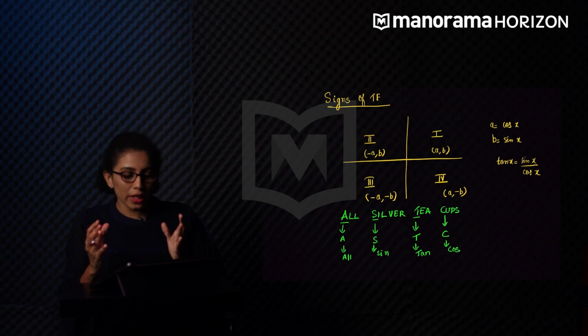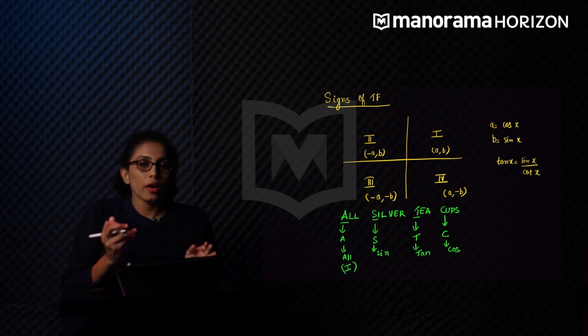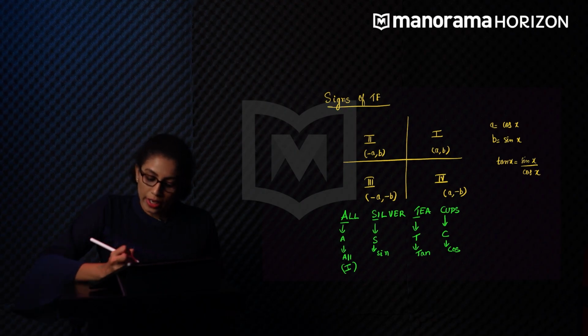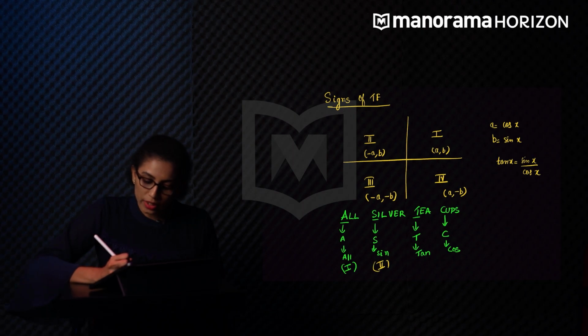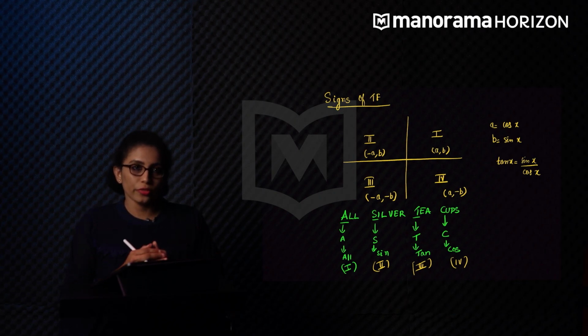So what does it mean? In the first quadrant, all trigonometric functions are positive. Now, in the second quadrant, sine is positive. In the third quadrant, tan is positive. And in the fourth quadrant, cos is positive.